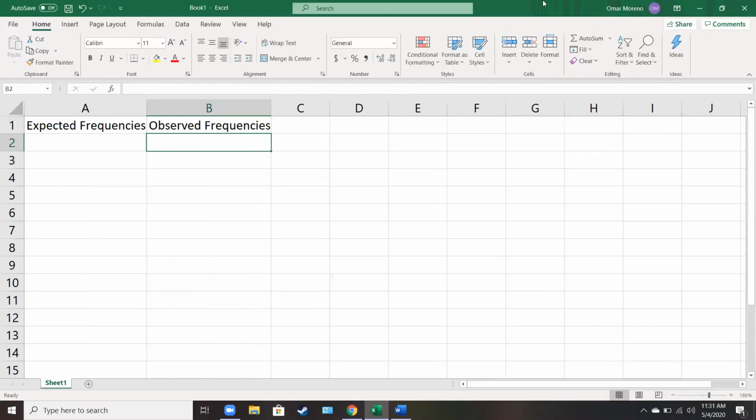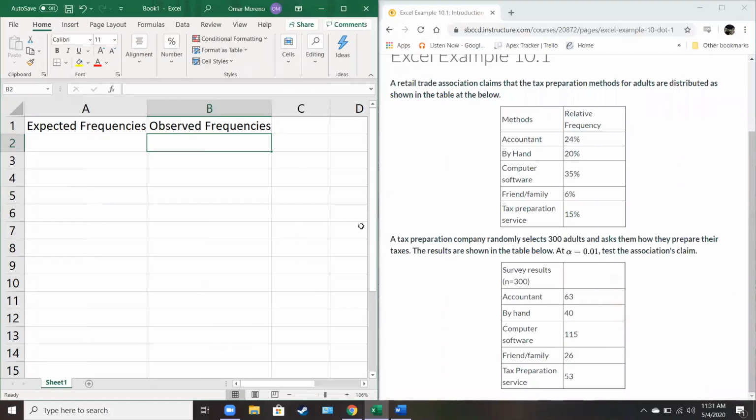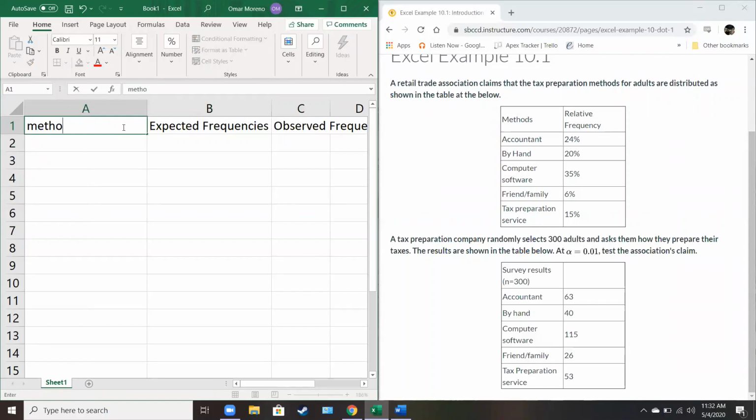Observed frequencies are just what we have from the sample, right? Maybe I should label this a bit more. Let's move this over. Let's just detail the methods here.